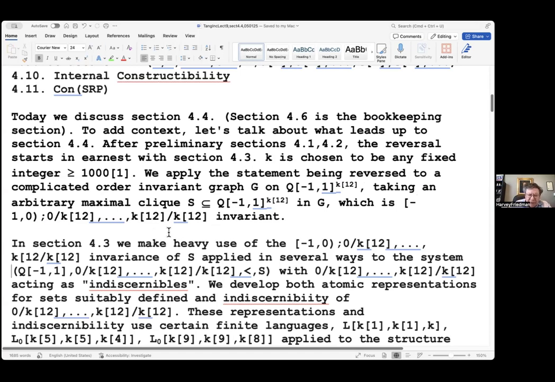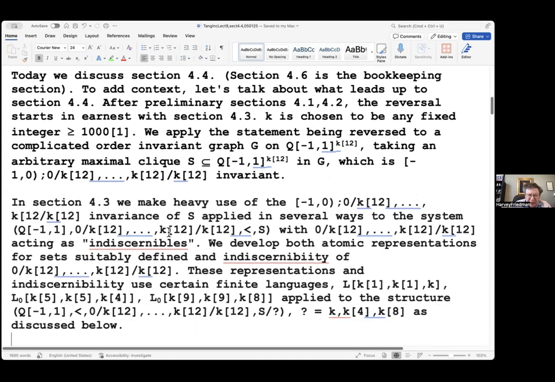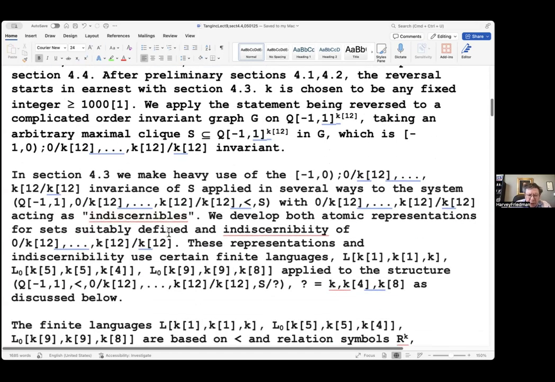In section 4.3, in other words, the section preceding the one we're going to talk about today, which is 4.4, we make heavy use of the invariance of S applied in several ways to this system. You can think of this as a system. The domain of the vertex set of the graph. Well, no, Q minus 1, 1.